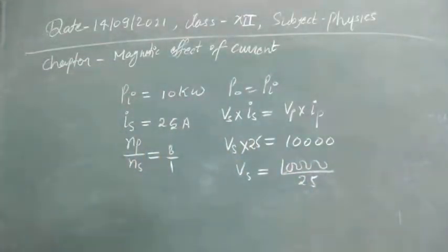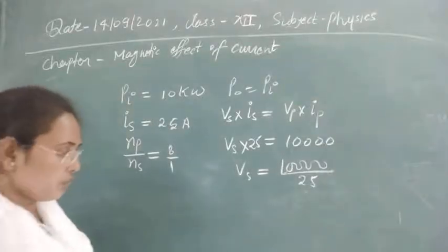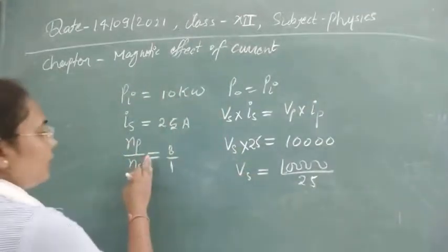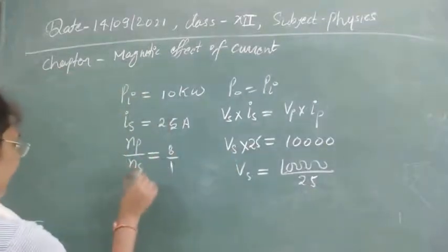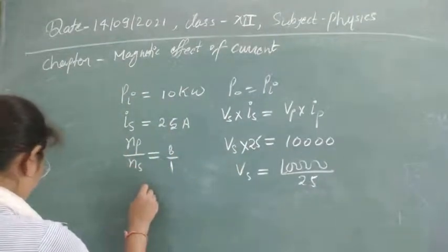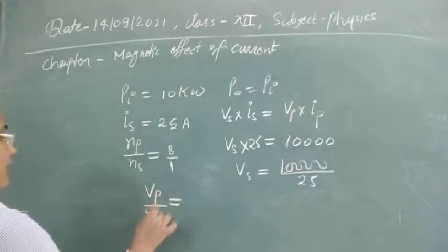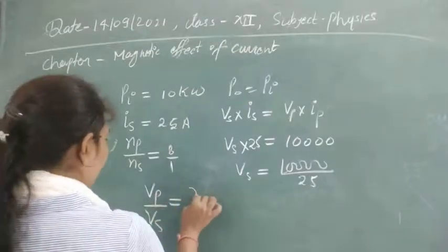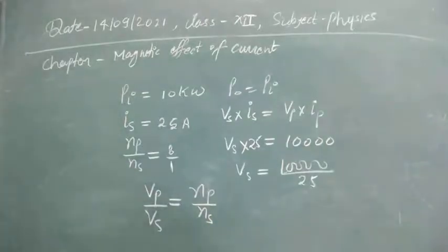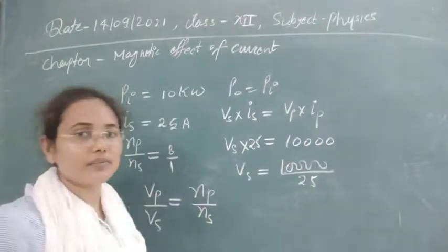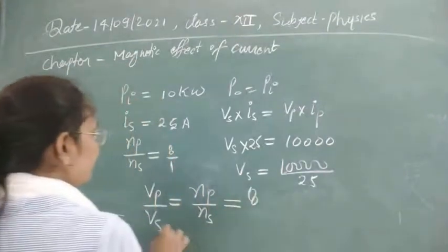Next, we have to find out the potential difference applied across the primary coil. So we can use the relationship between the number of coils and the potentials that we are applying across any transformer. According to that formula, V1 by V2 or Vp by Vs, the primary potential to the secondary potential, is equal to the number of turns in the primary coil to the number of turns in the secondary coil. As in the efficiency case, we have discussed this already. Np to Ns ratio is given as 8:1.